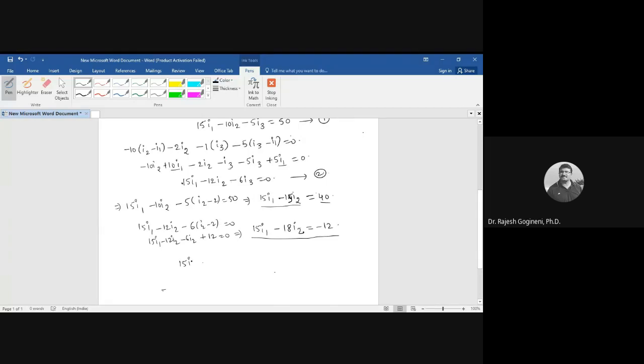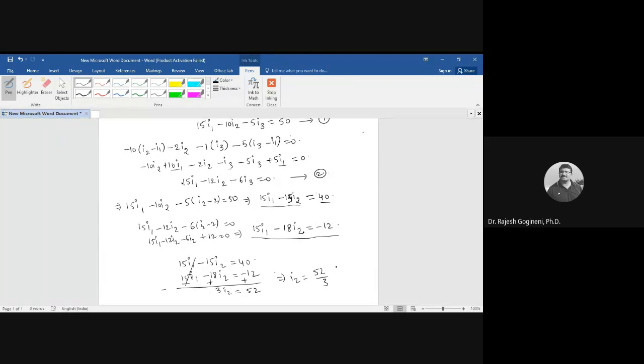So 15I1 minus 15I2 is equal to 40. Here 15I1 minus 18I2 is equal to minus 12. I2 is 52 by 3, I2 is 52 divided by 3.